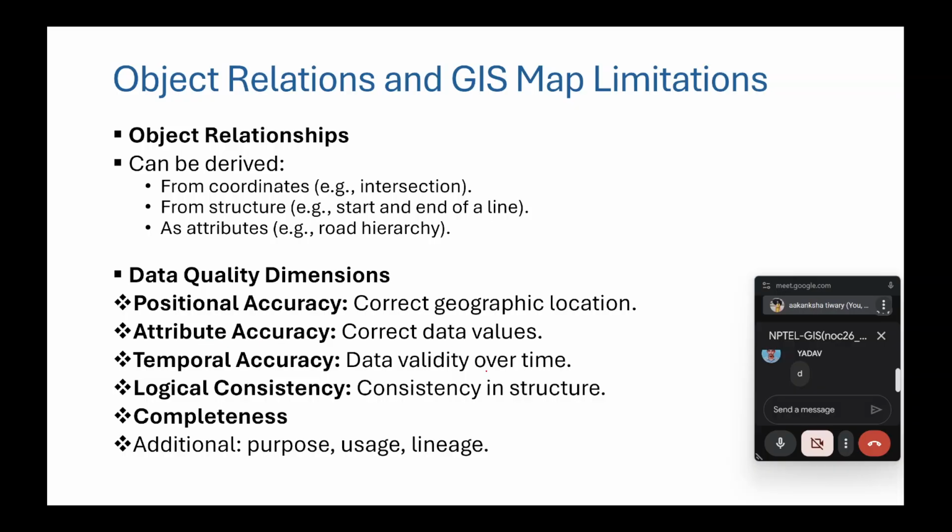Data validity over time means over the time if it is correct, then it is temporal accuracy. Then logical consistency means whatever structure is there, there is consistency within it. And completeness, so if data is complete, it is not like a half representation. If it is half representation, that means that data quality is not good. And additional can be purpose, uses, lineage.